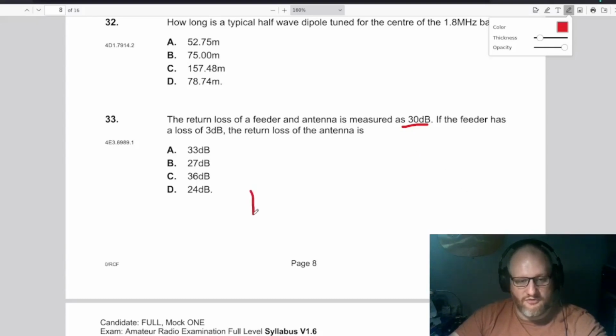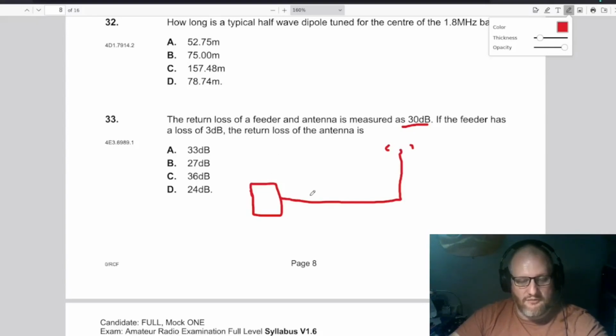So we've got some device measuring the return loss, we've got a feeder, and then we've got some kind of antenna over here, and we know that there's going to be some return loss from this antenna, because this may not be a perfect match, but we've also got some losses in our coax.